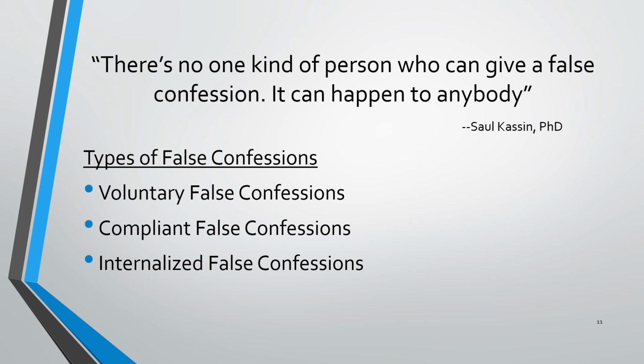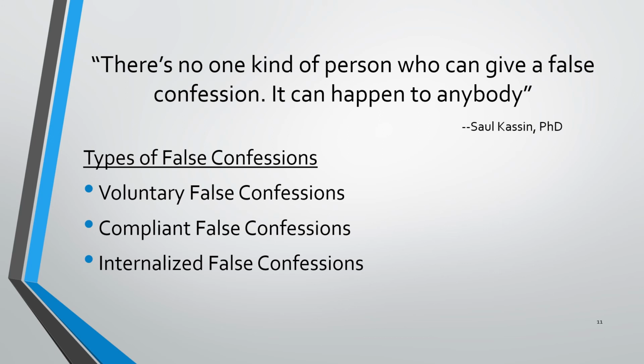Sometimes they may be given to divert attention from the actual person who committed the crime, such as a parent confessing to save their child from prison. Some people may also falsely confess to committing a famous or infamous crime for the attention that they may receive.